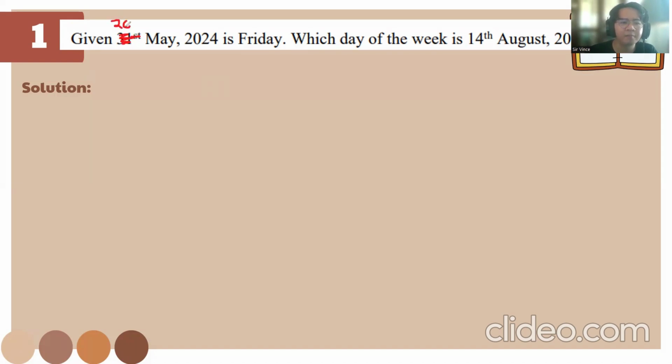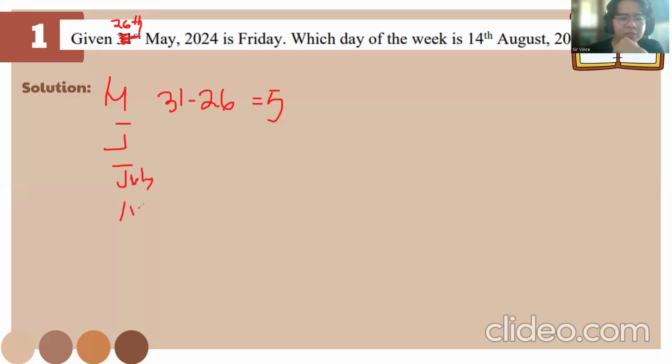Typo of the problem. Okay? So 26th, so that's why we have 31 minus 26 is equal to 5 for May, June, July, August.